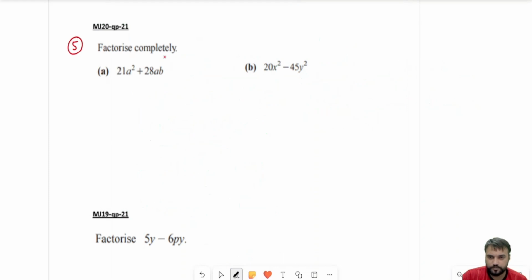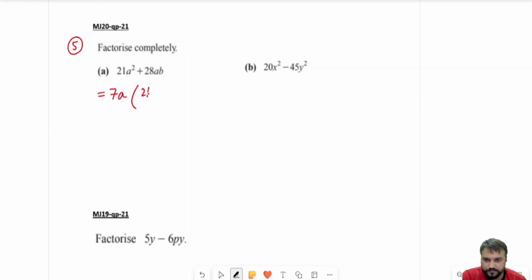Fifth question is factorize completely. Again we have 2 terms, then we are going to check if there is common between the coefficients. We have 21 and 28, so both appear in which table? 7. So 7 is common, and in a square and ab what is common? A is common.